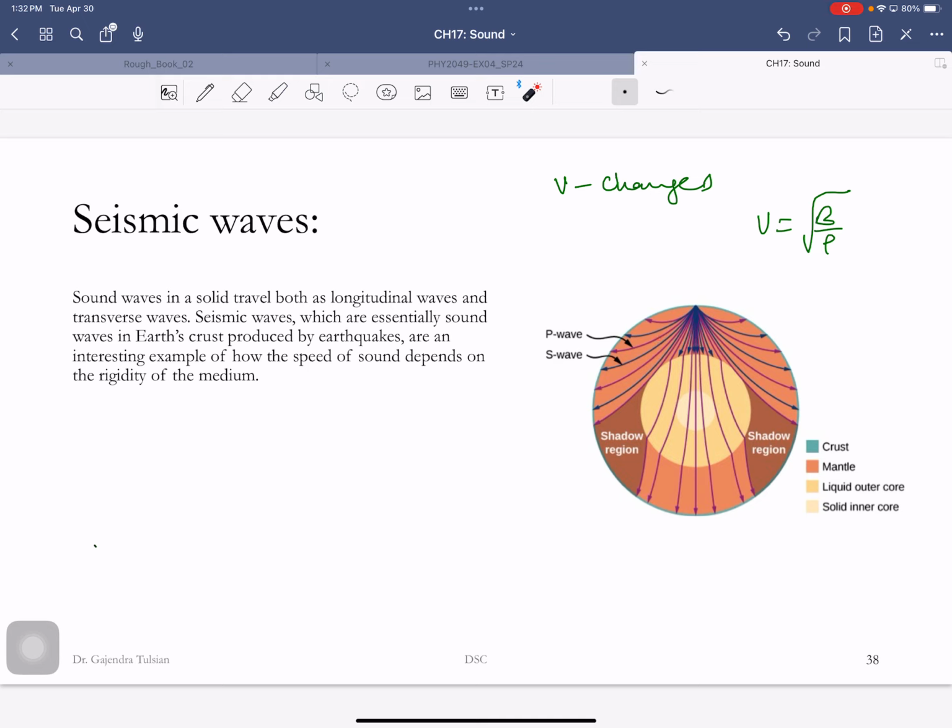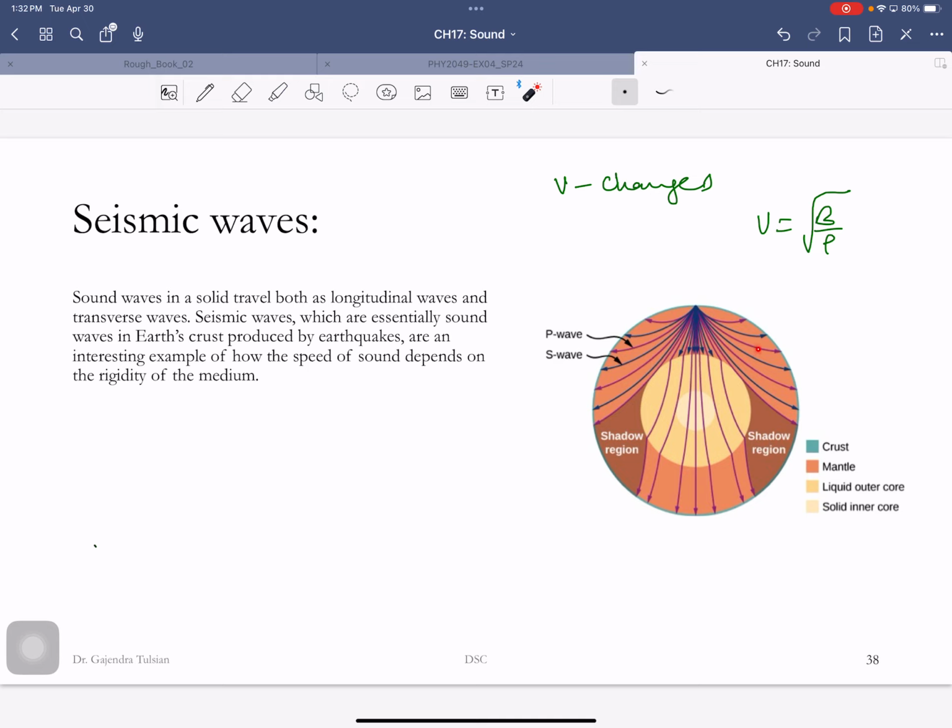For P waves, velocity is like that. And see, the velocity depends on bulk modulus and density. So we know the internal structure of the Earth by studying how these waves travel. An earthquake happened here, and you detected on seismometers all around the world these waves reaching there.